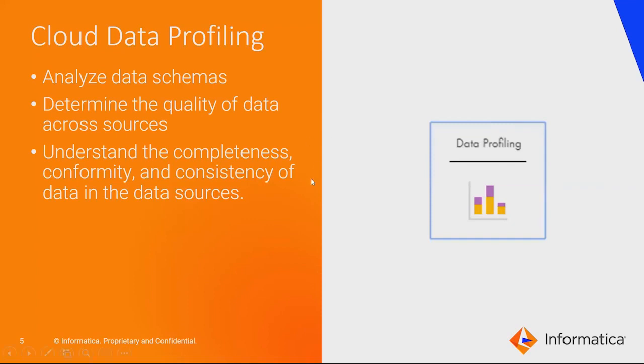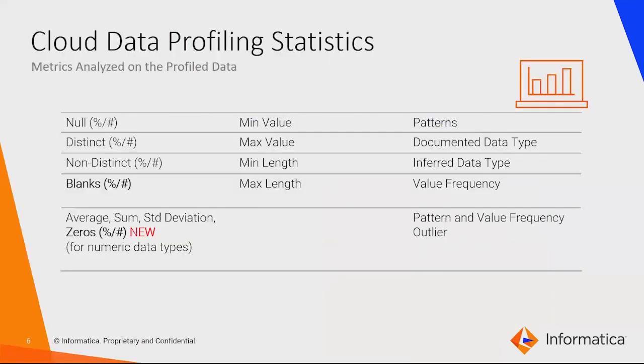And with this, you'll be able to understand the completeness, conformity, and consistency of the data across the data source, right? And you'll understand the quality of your data sets. Moving to next slide.